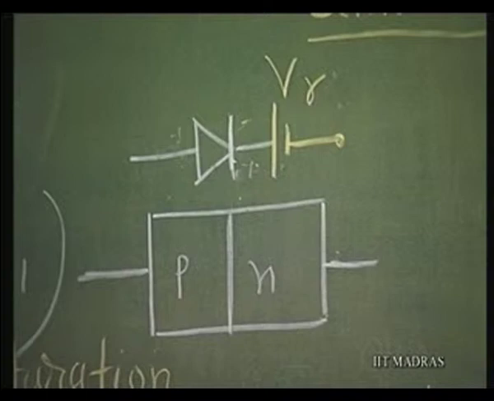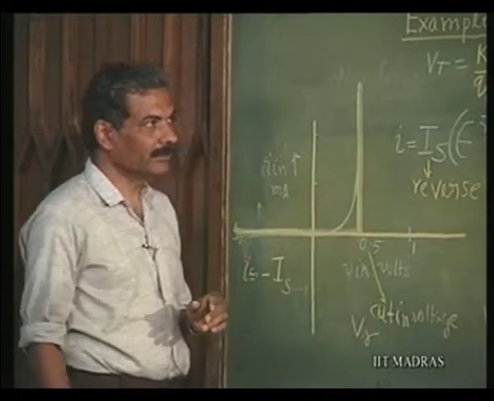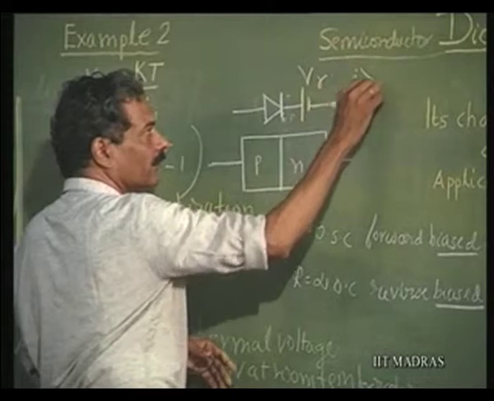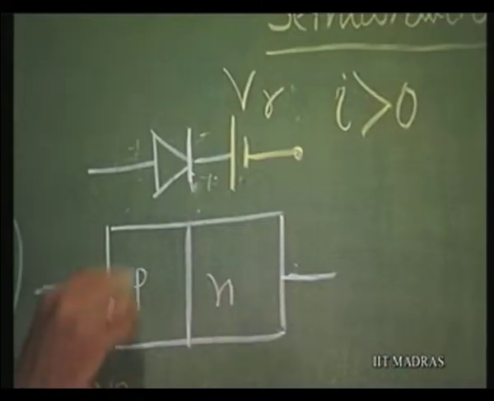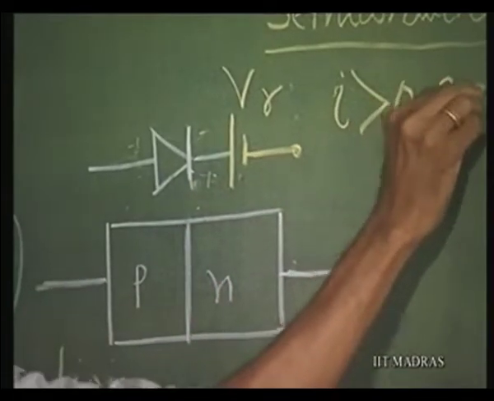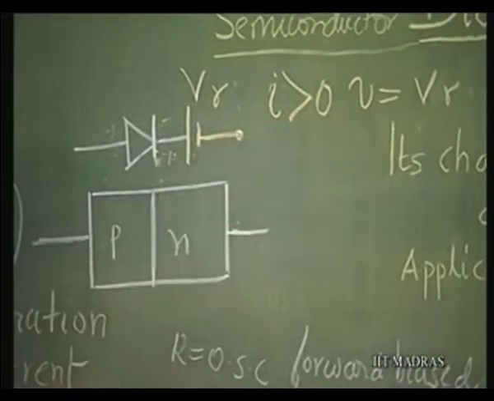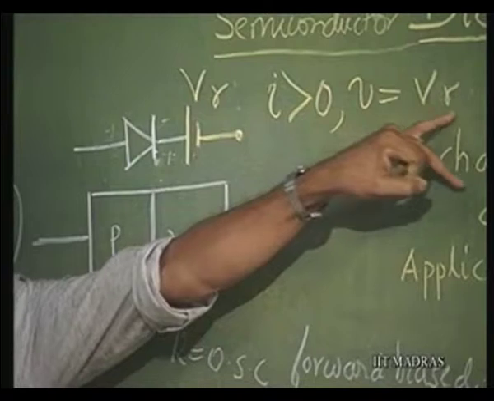So, the equivalent circuit of a semiconductor diode can be put down as follows: for I greater than 0, the V is going to be equal to V gamma, whereas in the case of an ideal diode, this V was equal to 0.